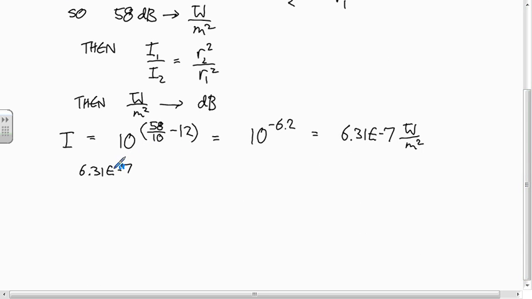So the intensity at location 1 is this. The intensity at location 2 is what we're trying to find. The distance at location 2 is 200. The distance at location 1 is 50.